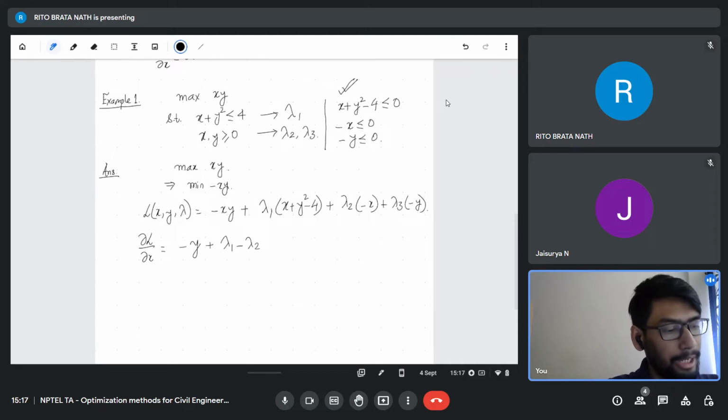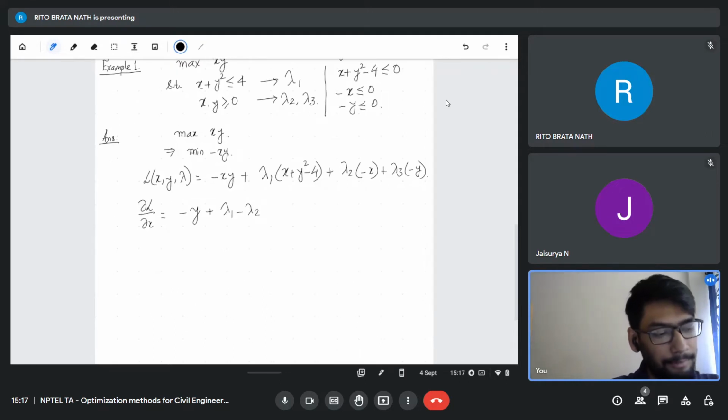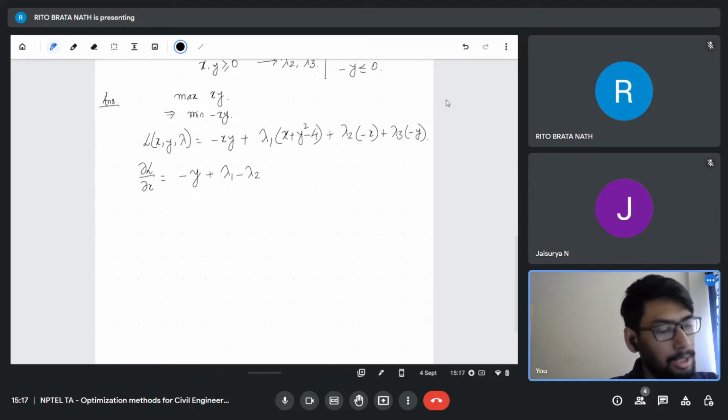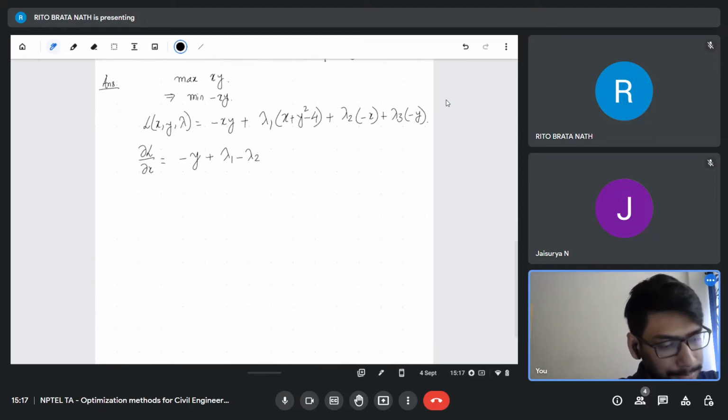So I have taken this function f(x) and then plus lambda 1 times g1 of x and y, and then lambda 2 times g2 of x and y, and so on. And one of the conditions that I have to satisfy is that the gradient of this Lagrangian with respect to x and y should vanish. So I'm doing that exactly right now. Okay, so let's move forward.